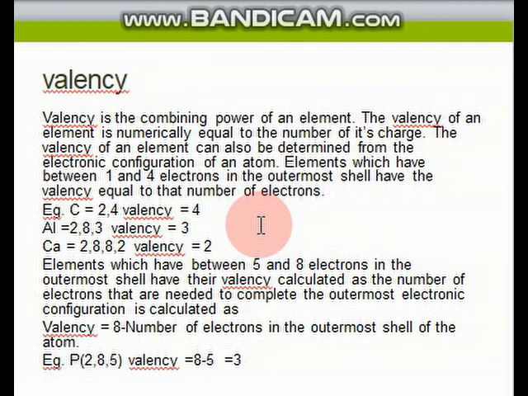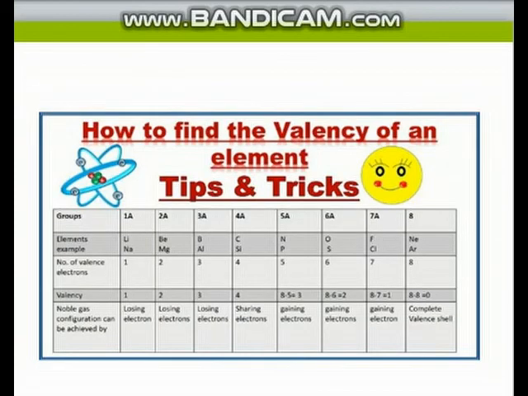So any number of electrons which is 5 or more, you subtract it from 8 to get the valency of that particular element. But if the number is between 1 and 4, you maintain the number as the valency of the element. So this is one simple way by which you can determine the valency of some elements.